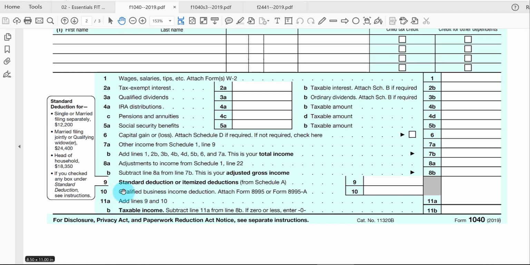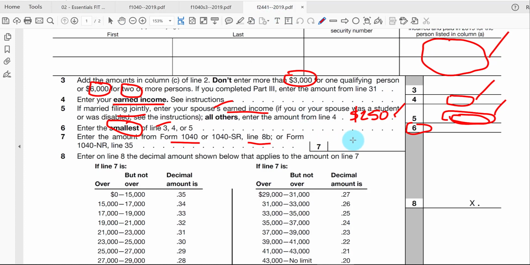But above that, line 8B was an important amount, and you can tell amounts are important because they're bolded, is the AGI, adjusted gross income. Yeah, this amount right here. So we recopy this line 8B back here on the 2441 form.